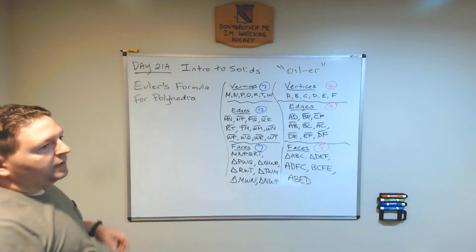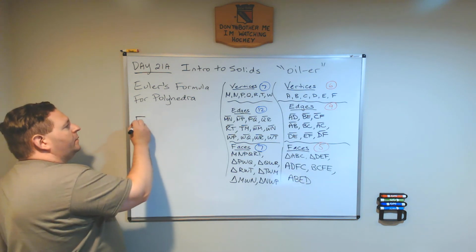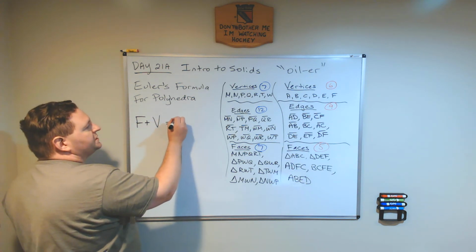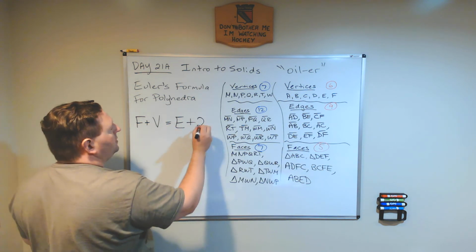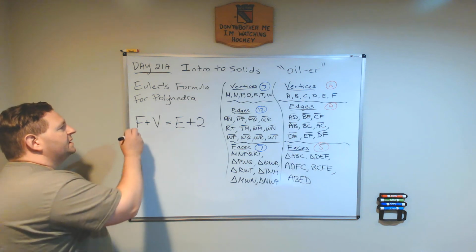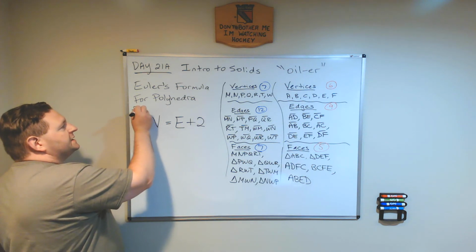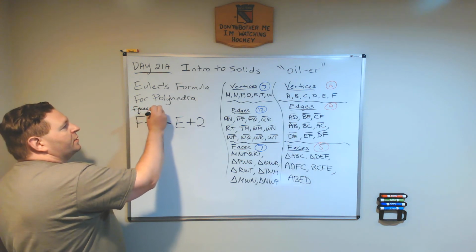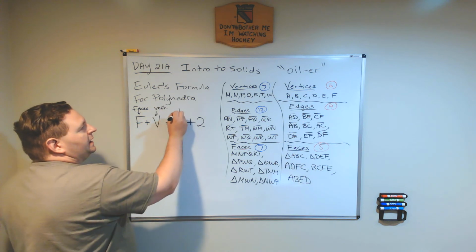Right? And here it is. F plus V equals E plus 2. So what does this mean? Well, F means the number of faces. V is the number of vertices. E is the number of edges.